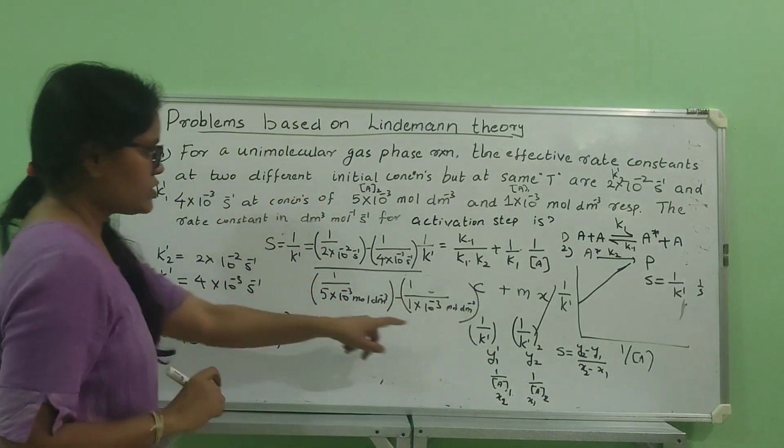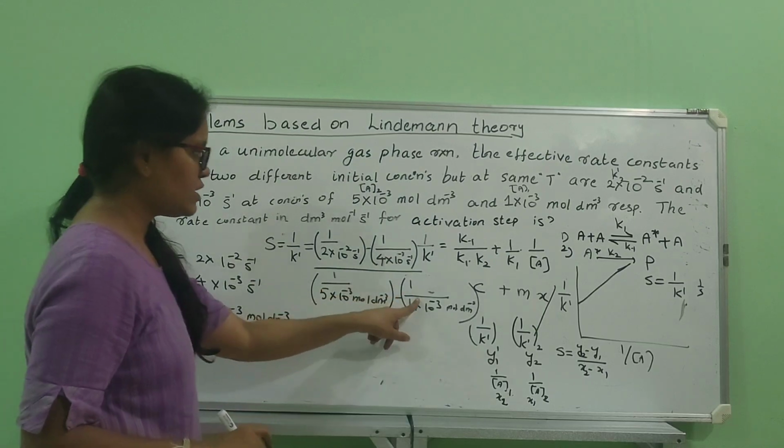Okay. So this is y2 minus y1 by x2 minus x1.